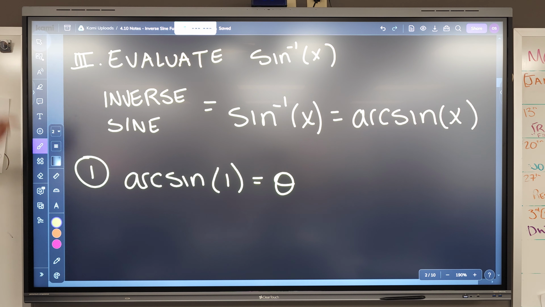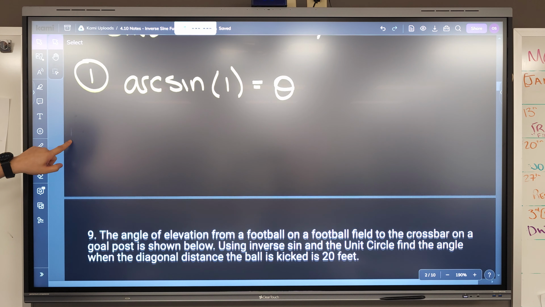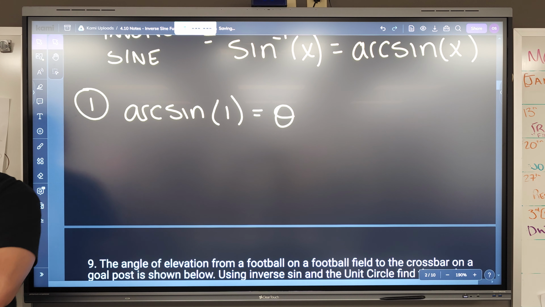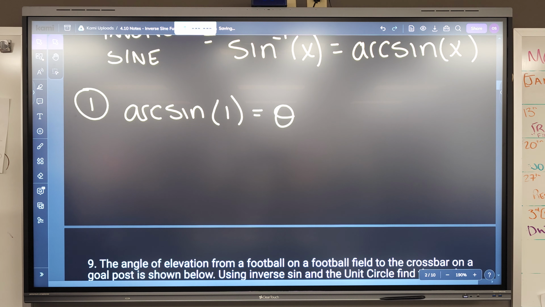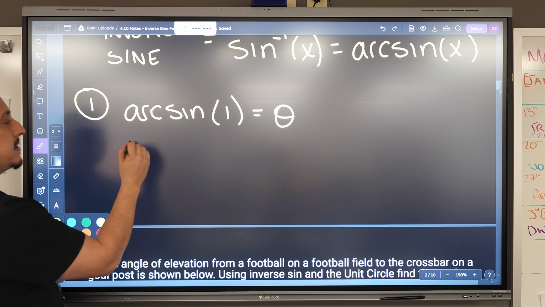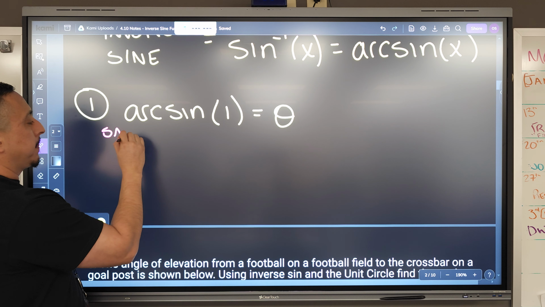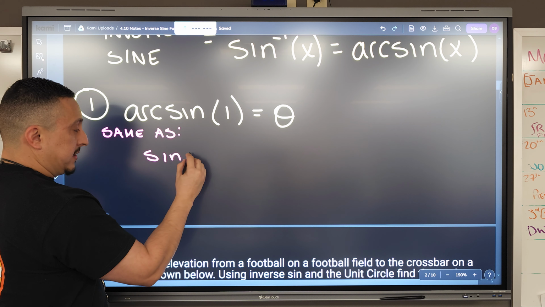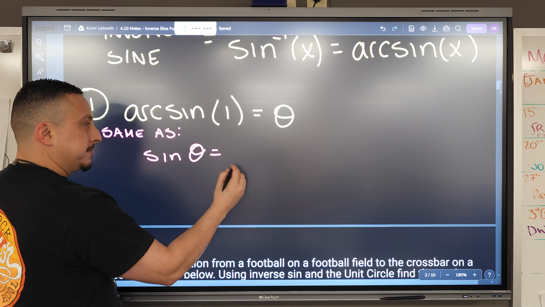Okay. So we're gonna evaluate this. So this, guys, right here is the same as the sine of a certain angle is 1.